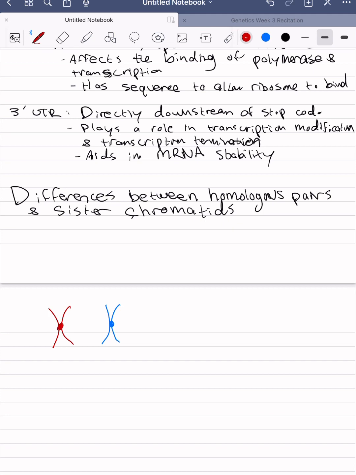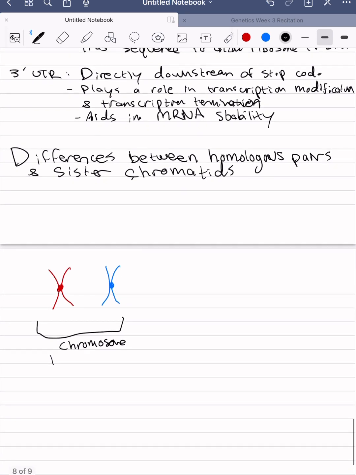These are both chromosome 1. Now, a homologous pair is a chromosome that shares the same structural features and has essentially the same gene sequences, but may have different alleles.